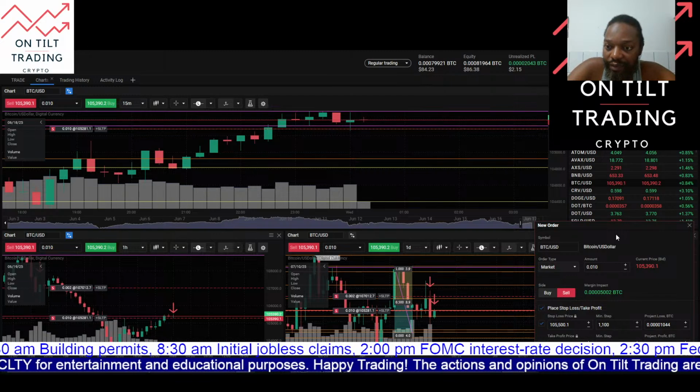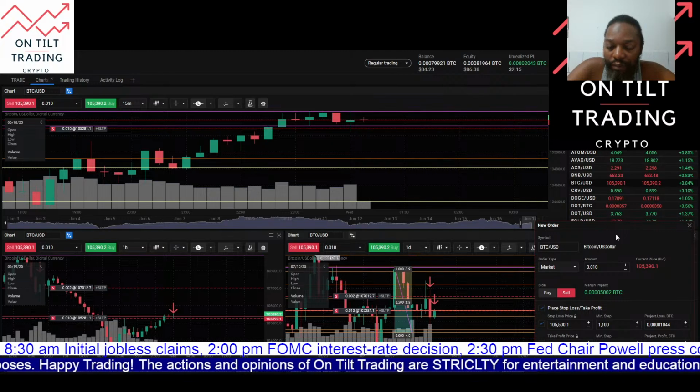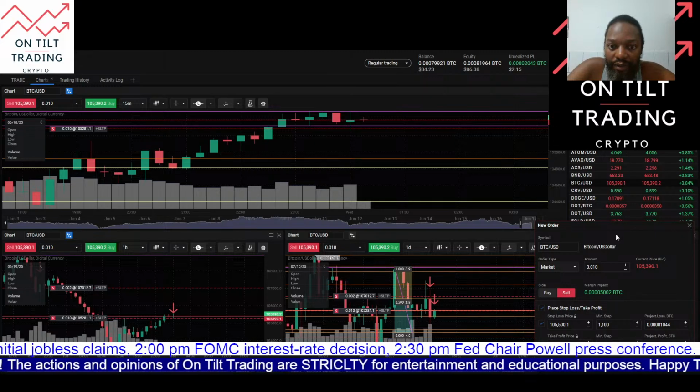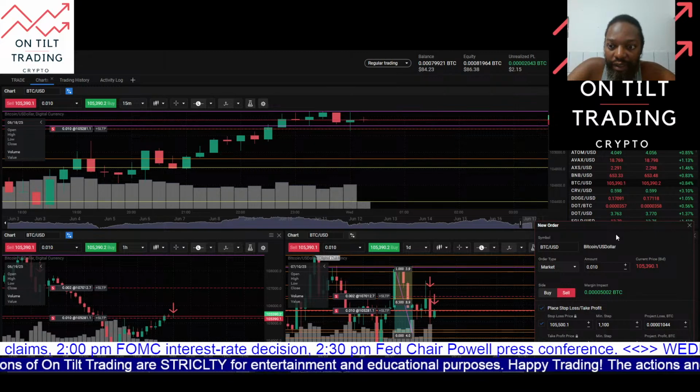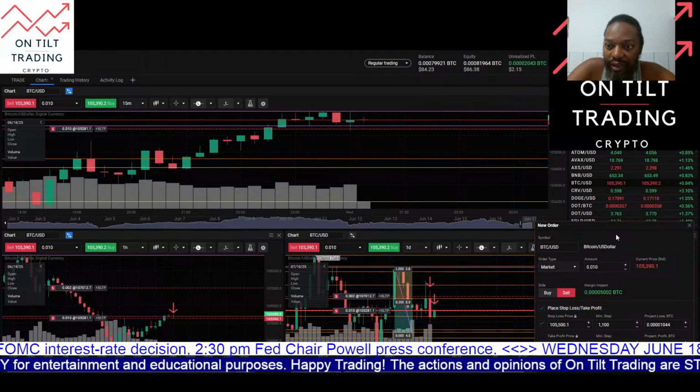One of the things I've observed about the market opens is that typically there'll be some consolidation, at least lately.